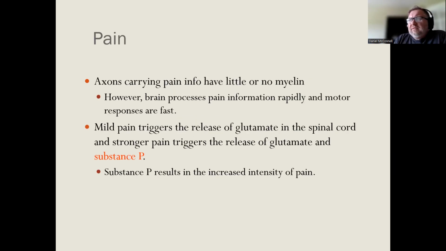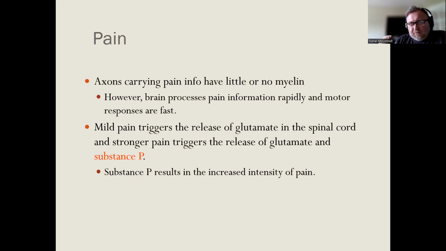Now, as I have previously noted, the pain pathway is generally referred to as unmyelinated. Some of them really have no myelin. Some of them just have a thin myelin sheath, right? Now, we might think, why would we do that? Because myelin speeds up nerve transmission, of course. But we can kind of make up for this, because the pain signal oftentimes goes not necessarily just to the cortex.